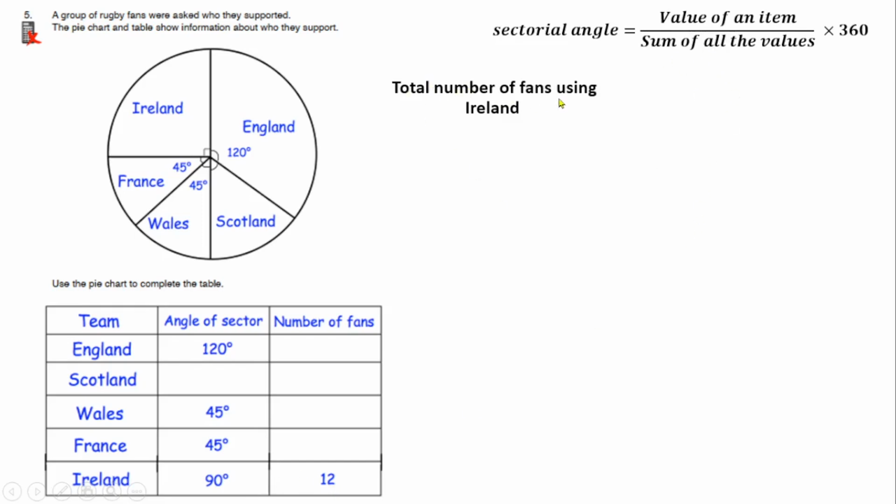That will be 90 degrees, the sectorial angle for Ireland, equals 12, the number of fans in Ireland, over the sum of all the fans times 360 degrees. From there, 12 multiplied by 360, over x, cross multiply, gives us 90x equals 4320. Divided by 90, x will be 48 fans. So the total number of fans is 48.